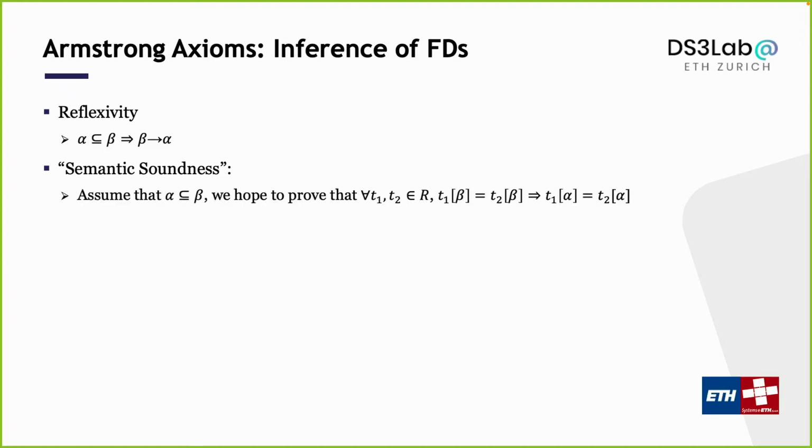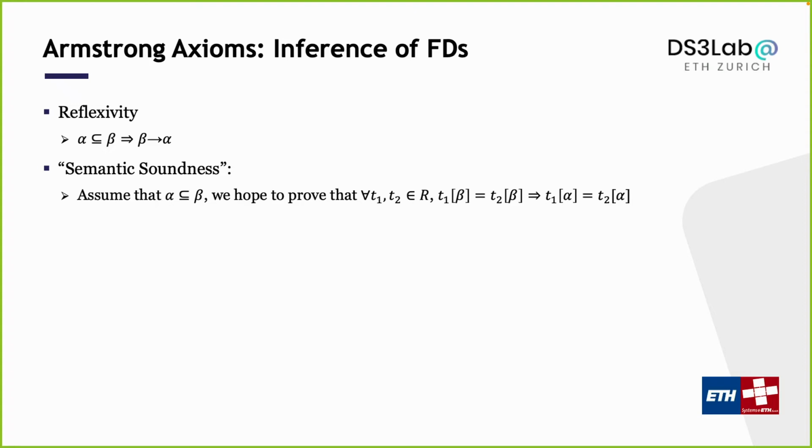Assume alpha is a subset of beta. That's what we are given on the left-hand side in the rule. What we hope is that for whatever relation instance you have, if you take any two tuples, T1 and T2, in this relation instance, and they match on beta, that implies they also match on alpha.